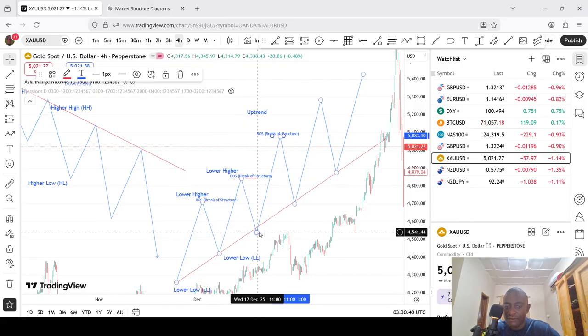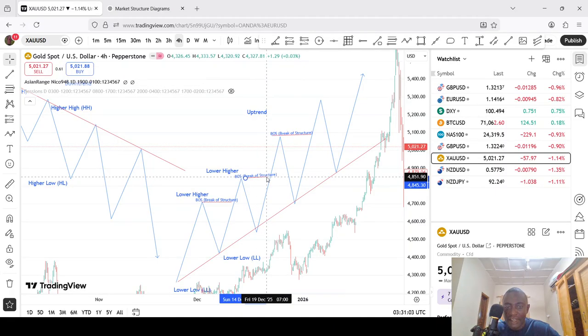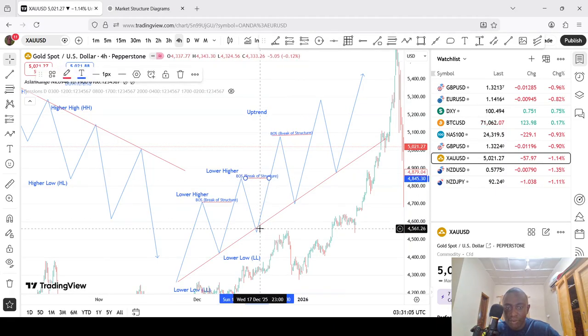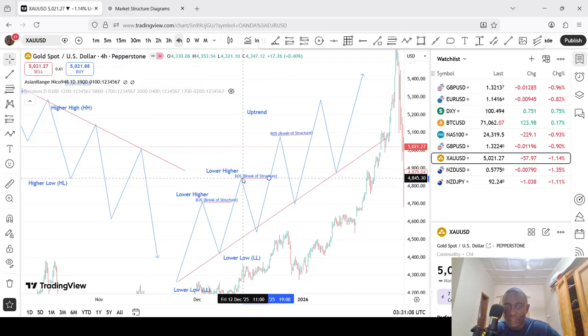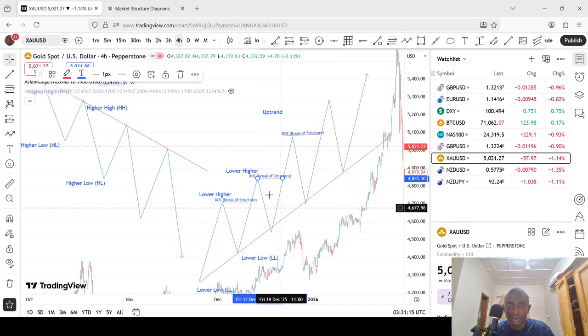Once price from here breaks this point, that is a break of structure. So from here, we are expecting the last high that this one created to also break. You understand? So once price breaks this one around here, you have to extend the line like this just to show the point where price actually broke that price line. You understand? So this is a point of interest, something like this. Okay, that is the BOS.